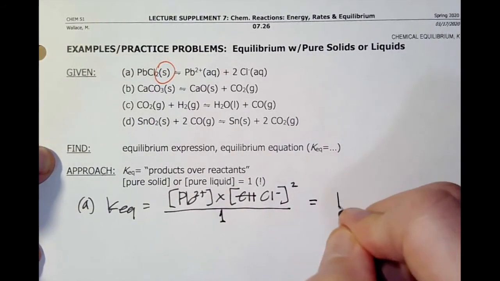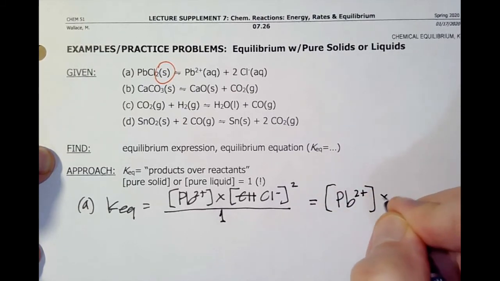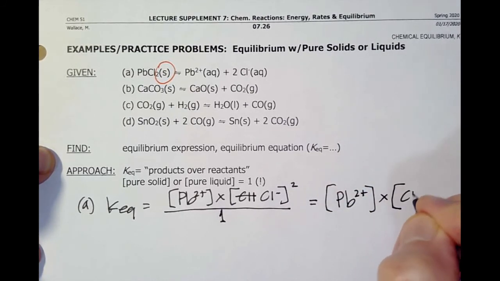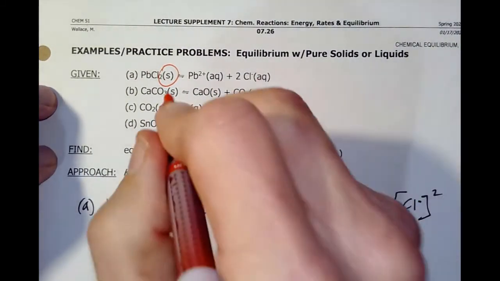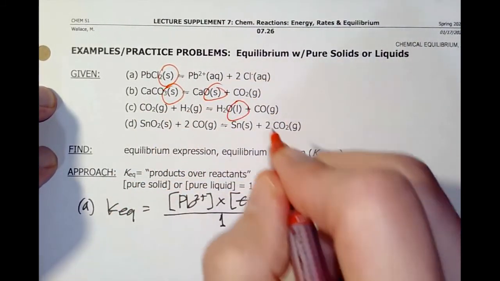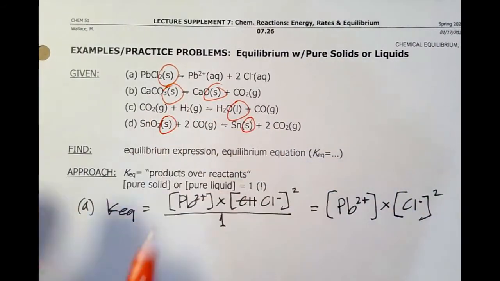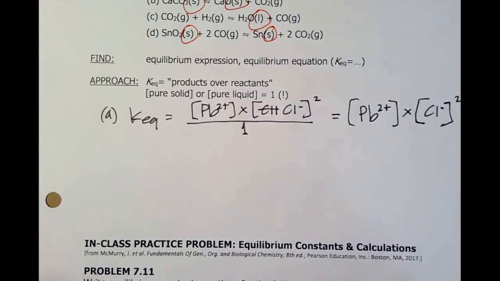So simply the lead 2 concentration times the chloride concentration squared. And I can go through and do the same thing. There's pure liquid, solid, solid. For each of those, I'm going to just plug in 1.